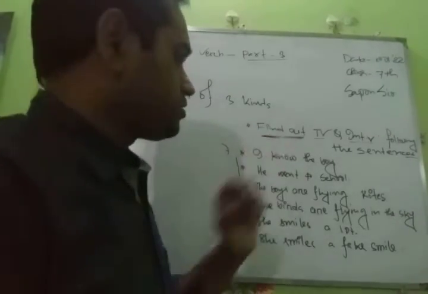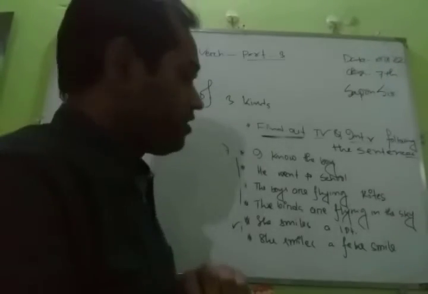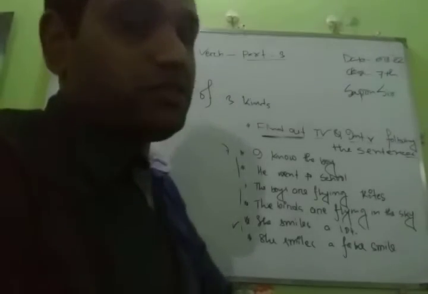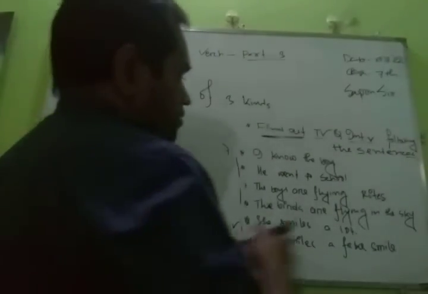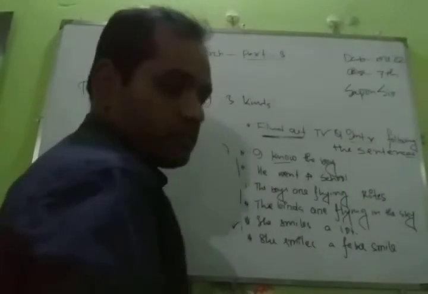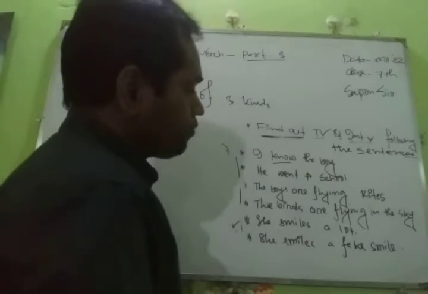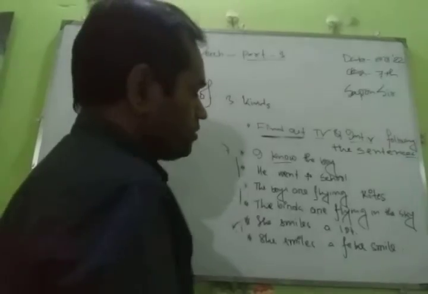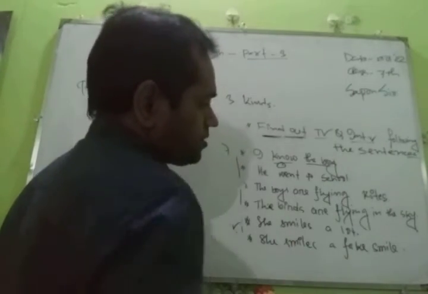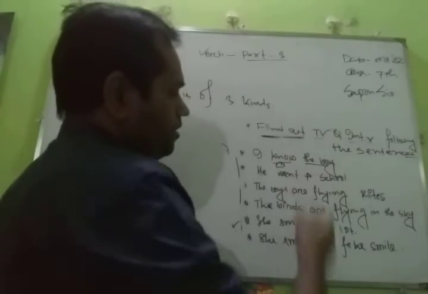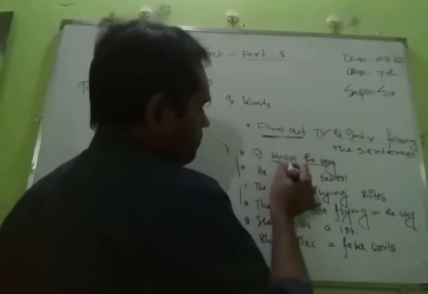Okay, let's go to find out the transitive and intransitive verb. Dear learners, is it transitive or intransitive? How to find out? Very good. If in the sentence an object is available, that verb is called the transitive verb.